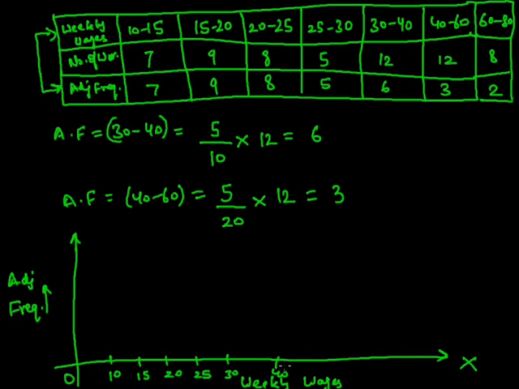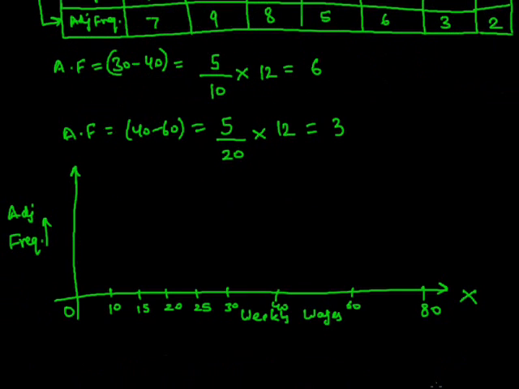Now 40 to 60 is again double that of 30 to 40, so again we have to take the doubled gap of 30 to 40 for 40 to 60, and for 60 to 80 it will be the same as that of 40 to 60. This thing we have to keep in mind for plotting the graph when the class size is different.